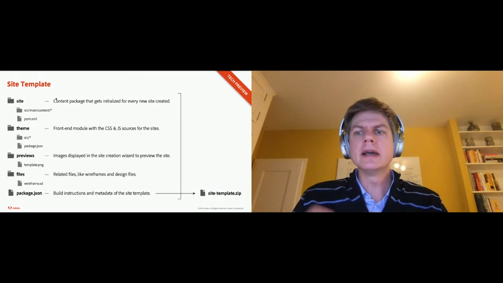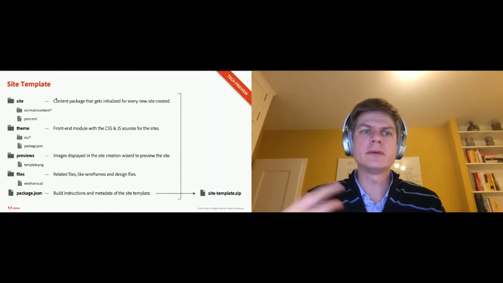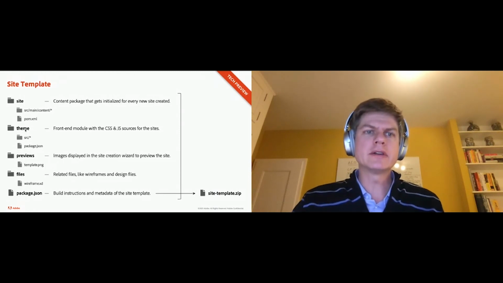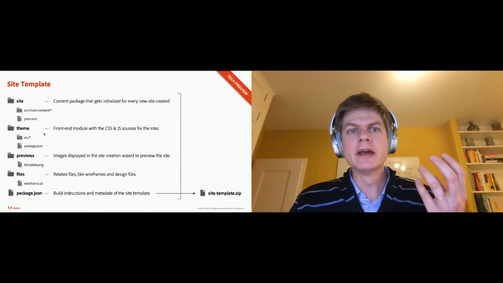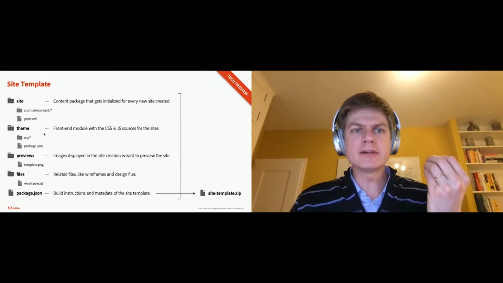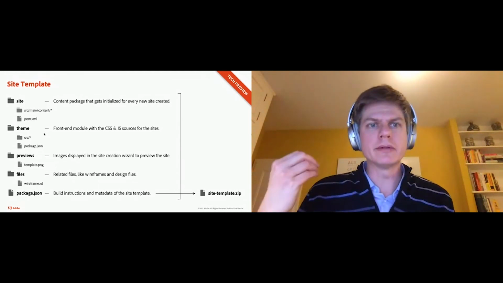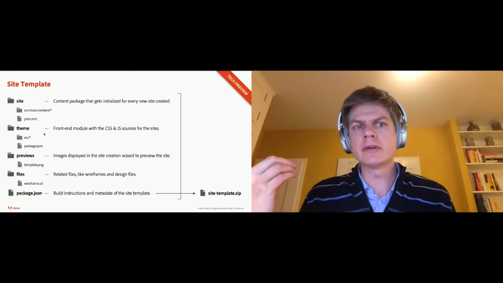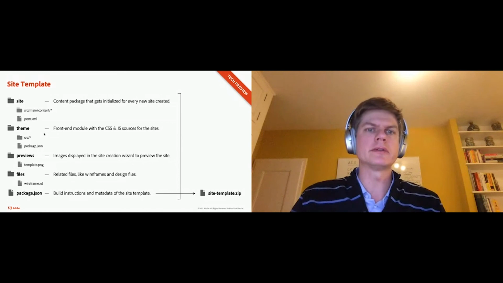So if you actually unzip the site template, you will see that it contains further zips, and it does contain the theme in two flavors. It contains the theme in the packaged and compiled form that we can easily deploy, and it contains the theme also with the sources, so that if you want to download the sources from the template, you can do that later and give these sources to the front-end developer.